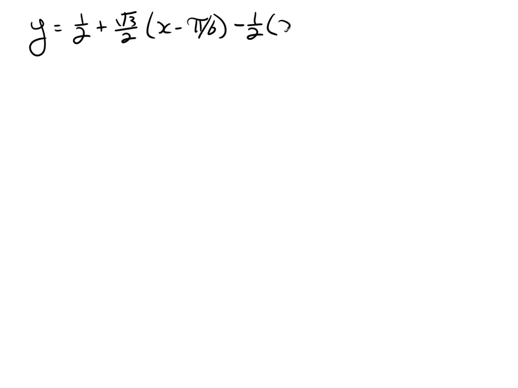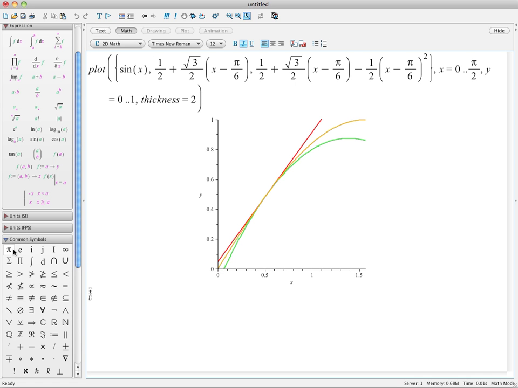So our approximation now looks like y equals 1/2 plus root 3 over 2 times x minus pi over 6 minus 1/2 times x minus pi over 6 squared divided by 2. So let's go ahead and take a look at Maple and see how good that looks.